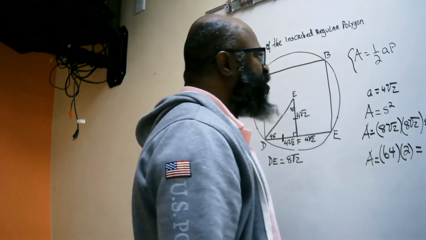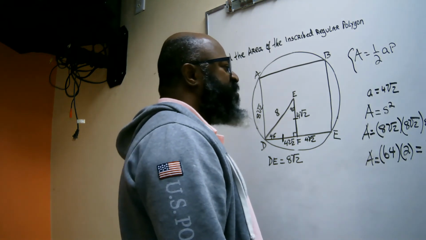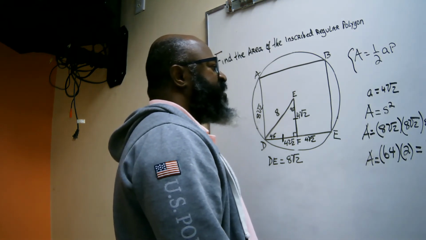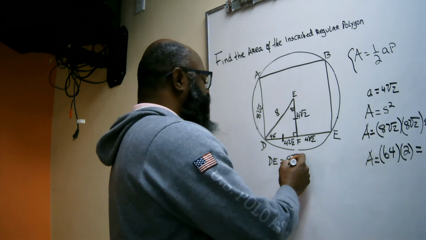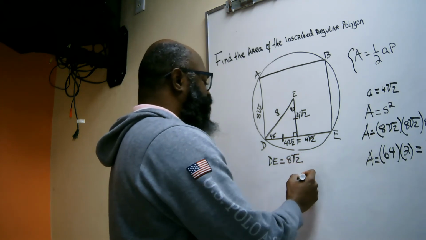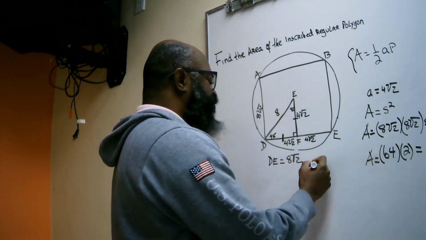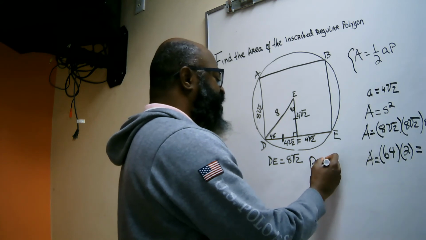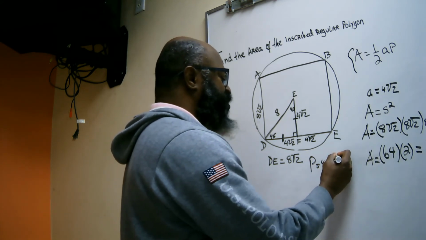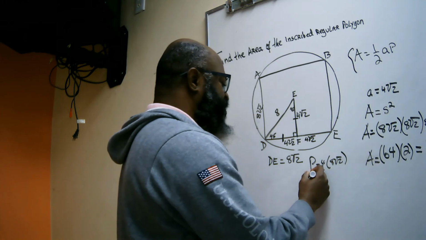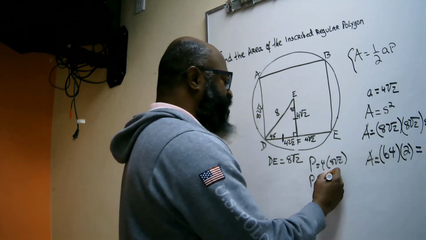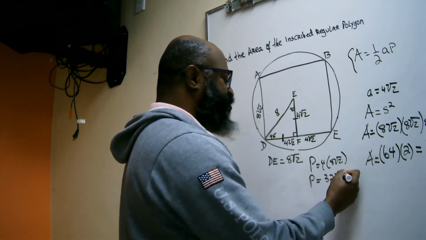Alright? The other alternative is to find the perimeter. Right? Since one side is 8 square root of 2, to find the perimeter, you will have to multiply this by 4. P will be 4 times 8 square root of 2. Then the perimeter will be 32 square root of 2.